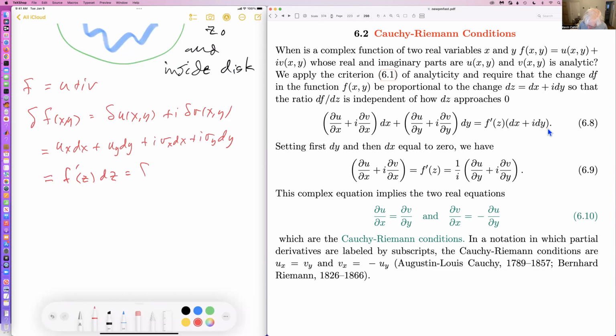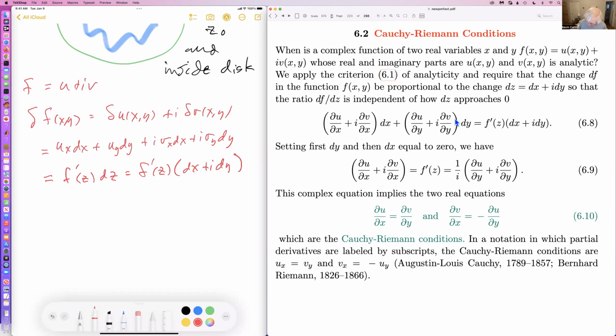In other words, it has to be f prime of z times dx plus i dy. And so that means that we have this equation here, which I've just written in a somewhat different way.